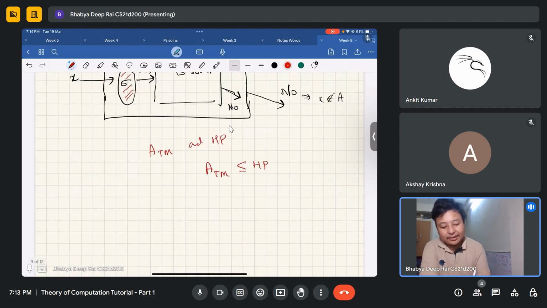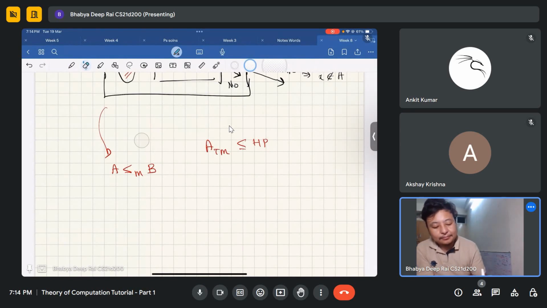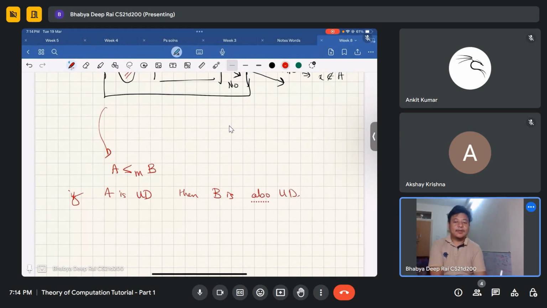Now, the next thing I want to talk about is, let's say two languages, A reduces to B. Then what do you have? If A reduces to B, and A is undecidable, then B is also undecidable. Why?